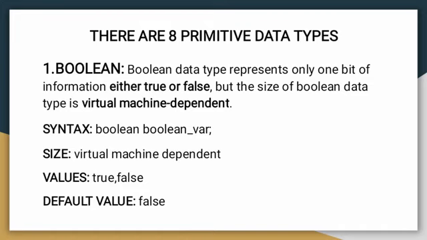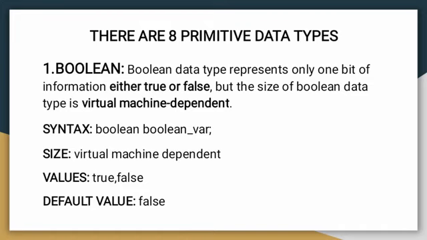First one, Boolean. Boolean data type represents only one bit of information, either true or false, but the size of the Boolean data type is virtual machine dependent, so we cannot decide the Boolean type data size. The syntax of Boolean is: boolean is a data type and variable name is boolean variable.